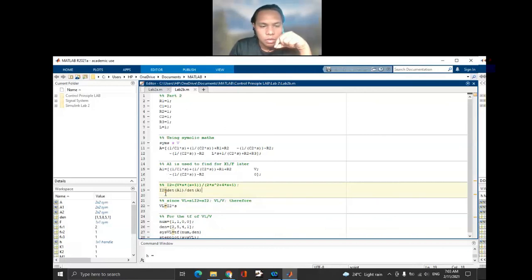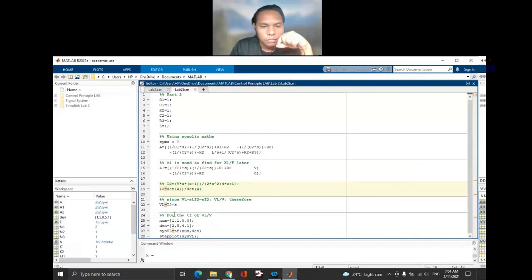Then we find the only output signal, I2, where we need to determine A1 and A, and we also need to find B to identify our output signal.